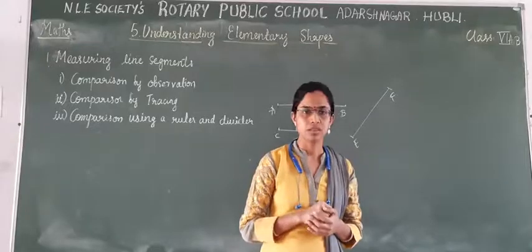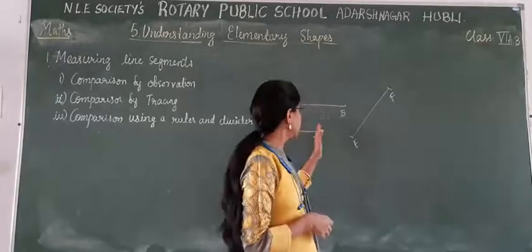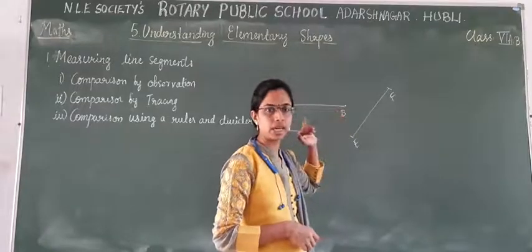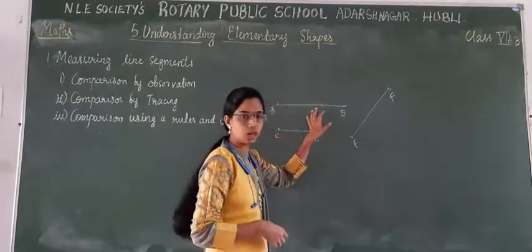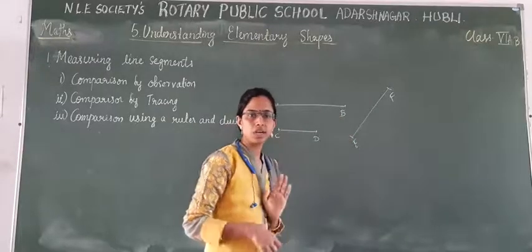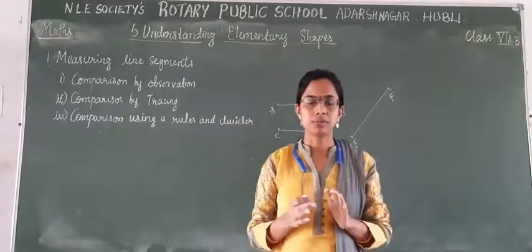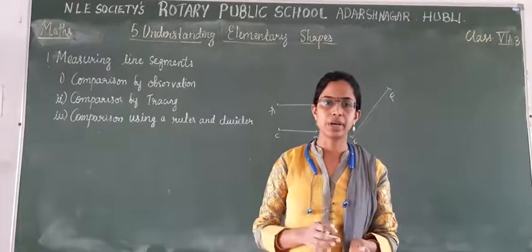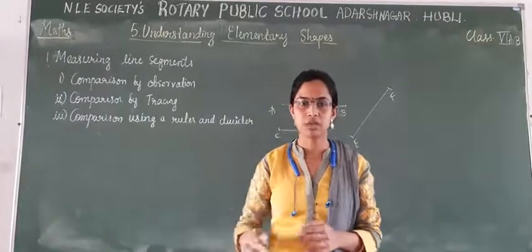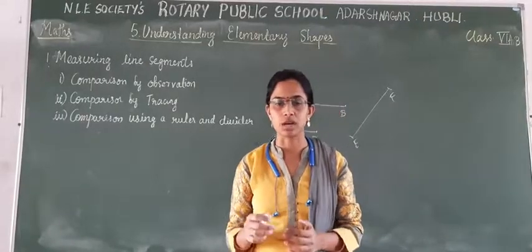Can you say exactly whether they are equal, or one is longer or shorter than the other? We cannot compare any two line segments completely by observation.